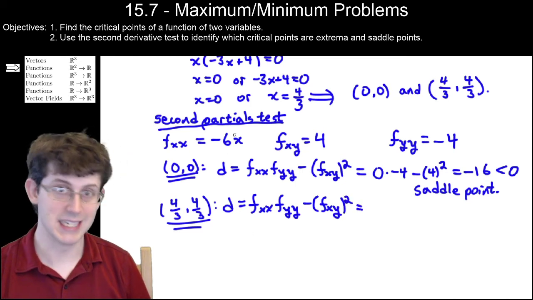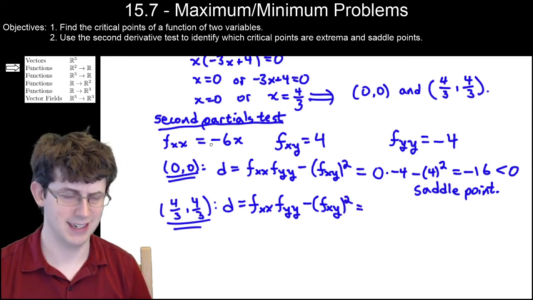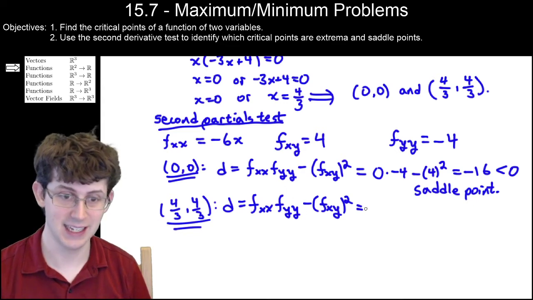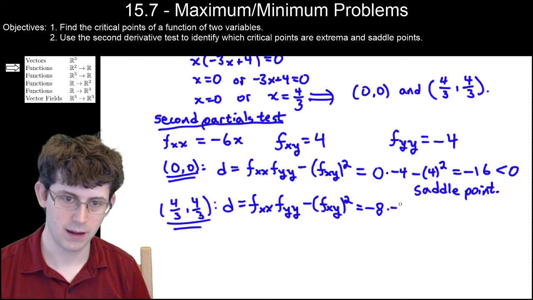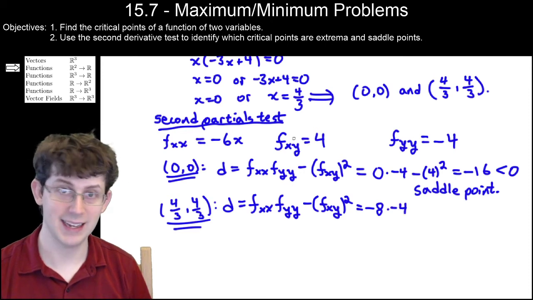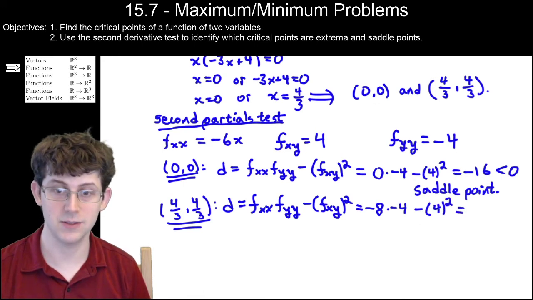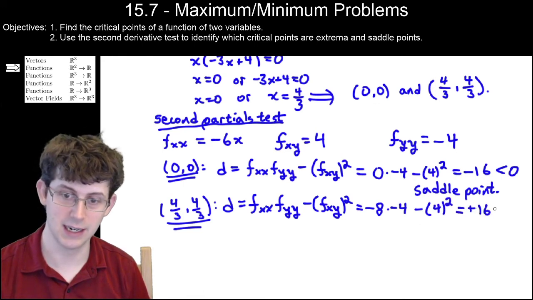Here, fxx isn't 0 anymore. It's -6 times 4/3, so that's -8. fyy and fxy are fixed at -4 and 4, so those we don't have to calculate again. But this time I get 32 minus 16, so I got plus 16.